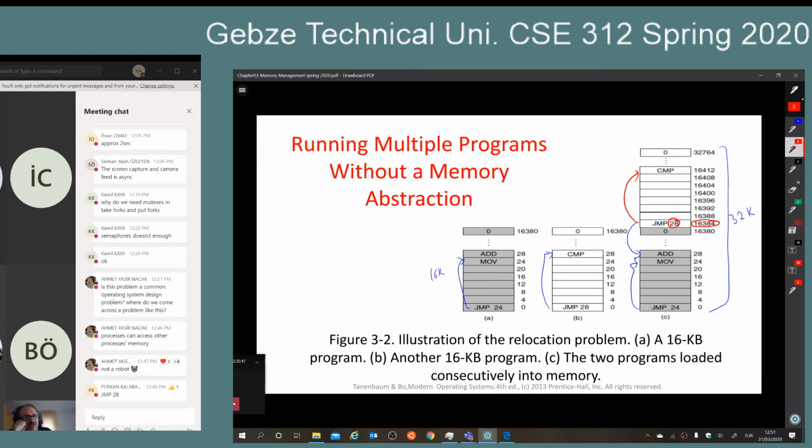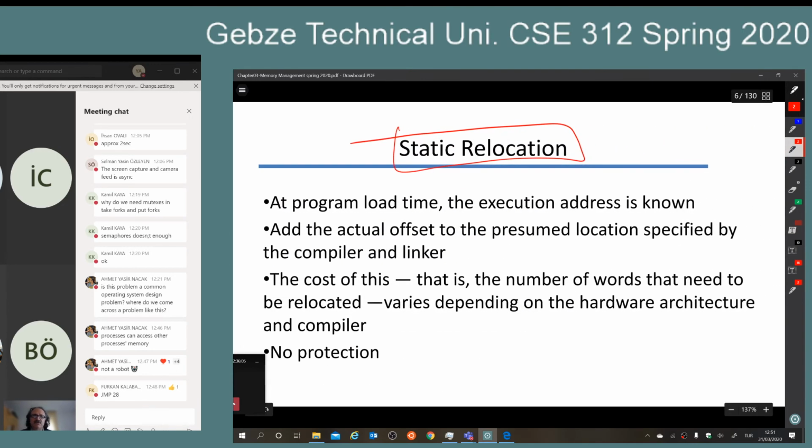Maybe load half of this program, and run them at the same time. If I need more data, load it from the disk. So, static relocation: lots of modification of the code, no protection, and the programs may not fit into my memory.